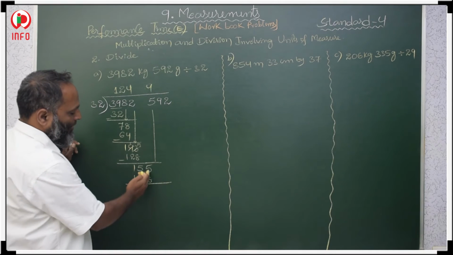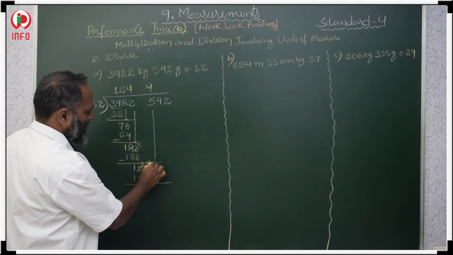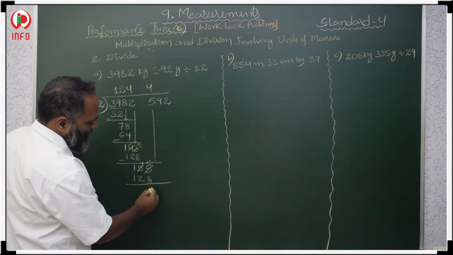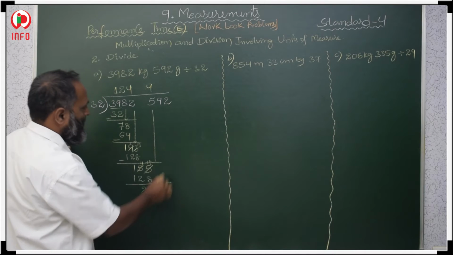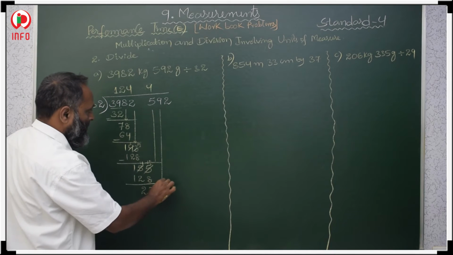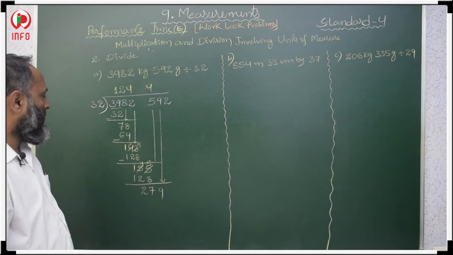Now 5 minus 8 we cannot do. 4 here 15, 15 minus 8 is 7. Then 4 minus 2 is 2, 27. The next digit 9, 279.